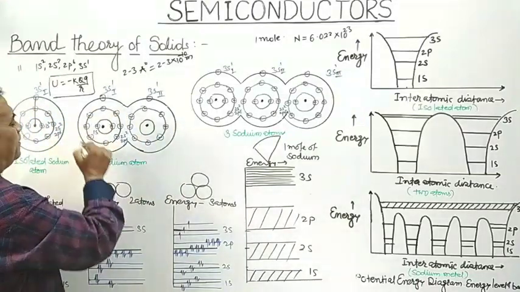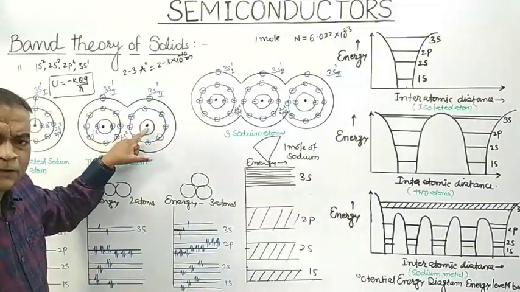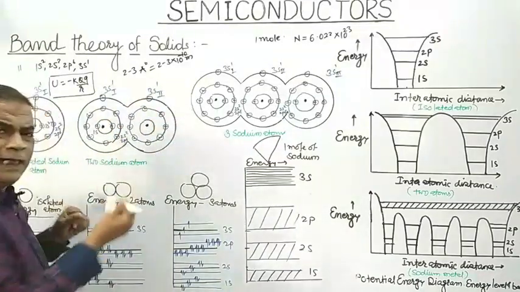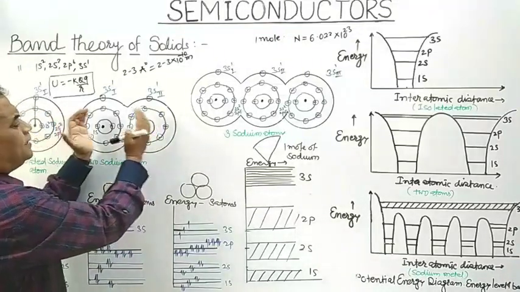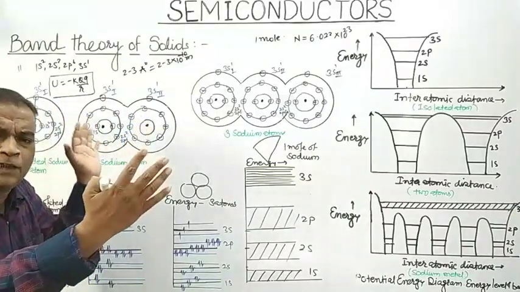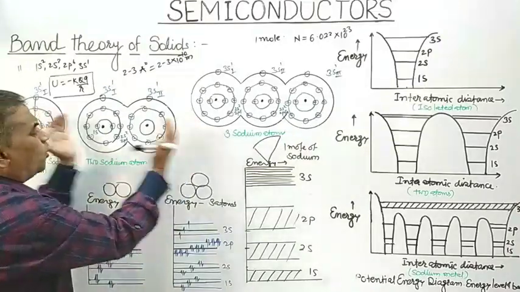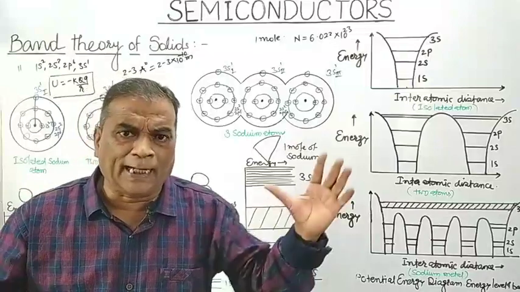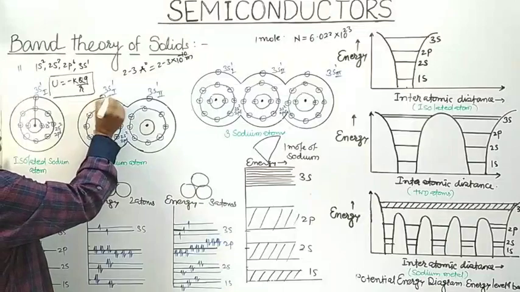This is the atomic orbital of the first sodium atom. This is the atomic orbital of the second sodium atom. So the 3s orbits of both atoms will overlap. The same thing will happen with all the remaining orbits. All the orbits of the two atoms will overlap. And due to the overlapping of atomic orbits, look at this electron.